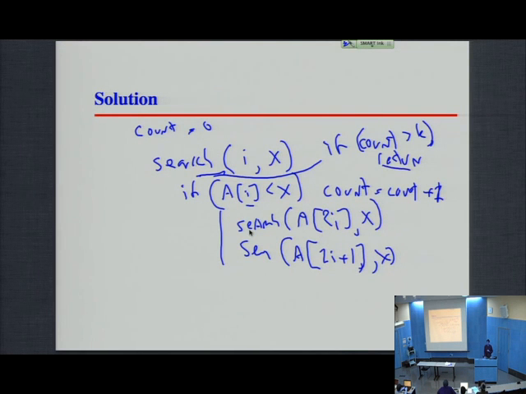If not, I'm looking. Looking means go to an element, increase my count, and do my search. I guess I could probably move this condition test in here, but who's counting. The important point is I'm searching any element that matters. I quit whenever my count is greater than k. That's the important point.